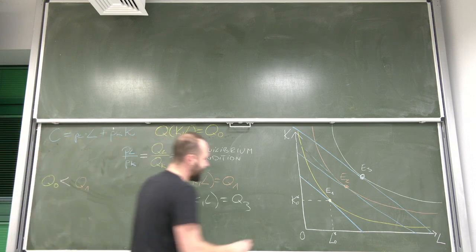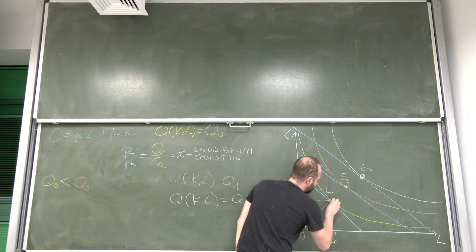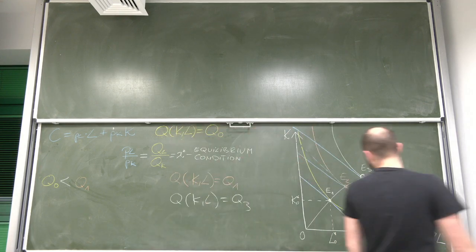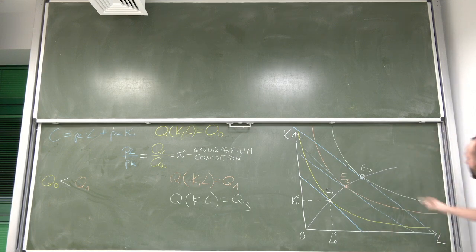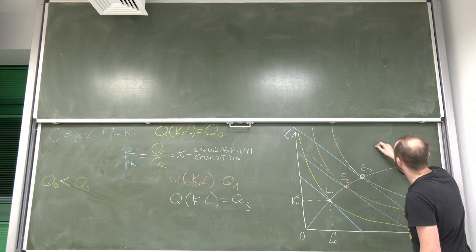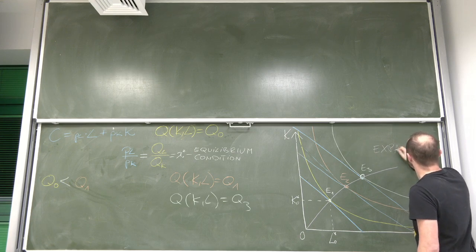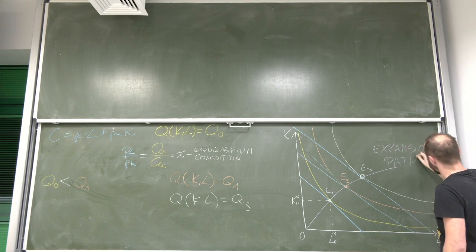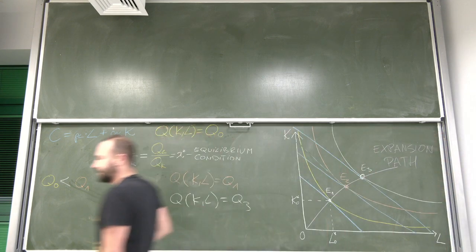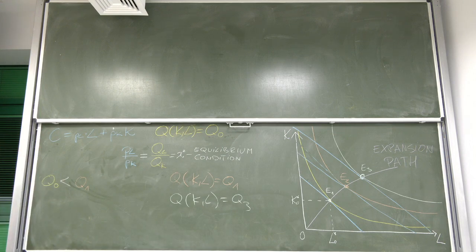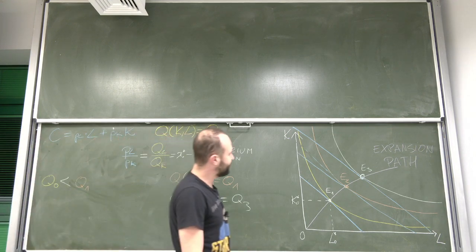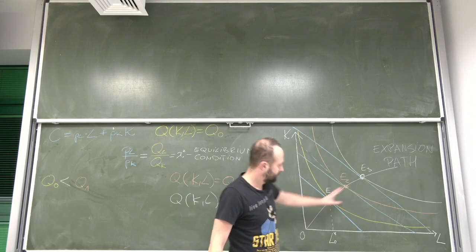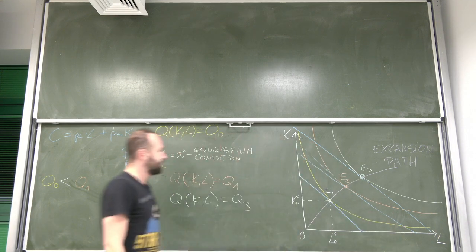However, if we now connect all these points like this, we would see something that is called an expansion path. Okay, and look, in this particular case, we see that it's actually kind of tilted towards labor, right?